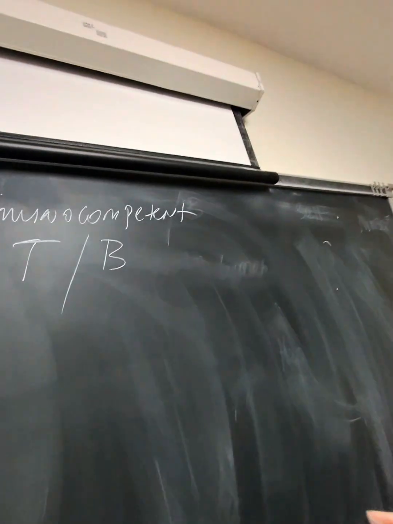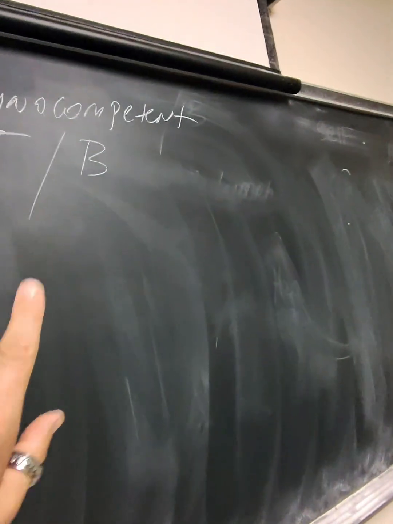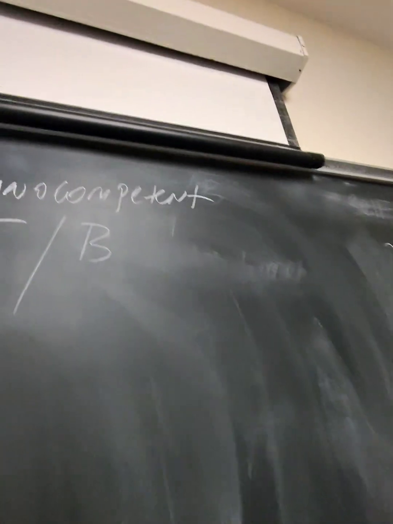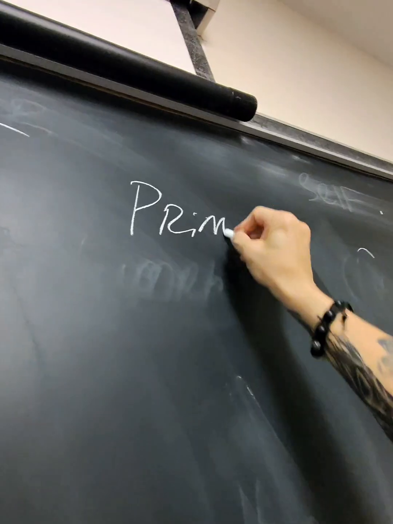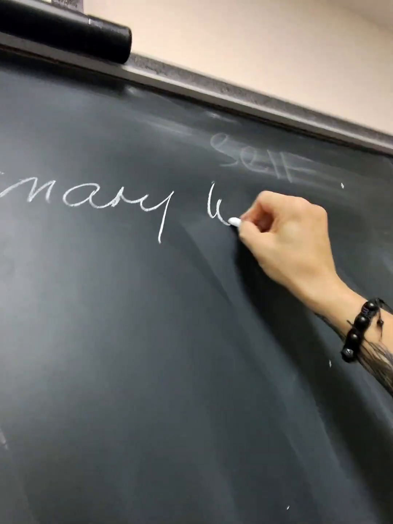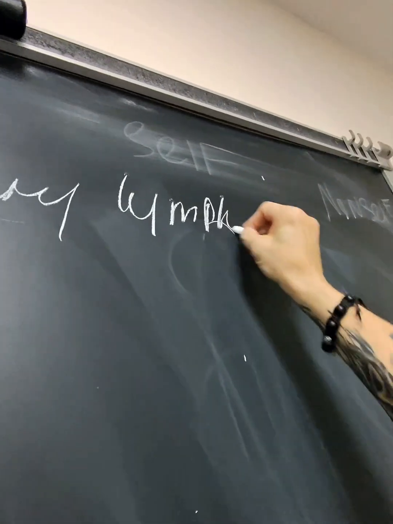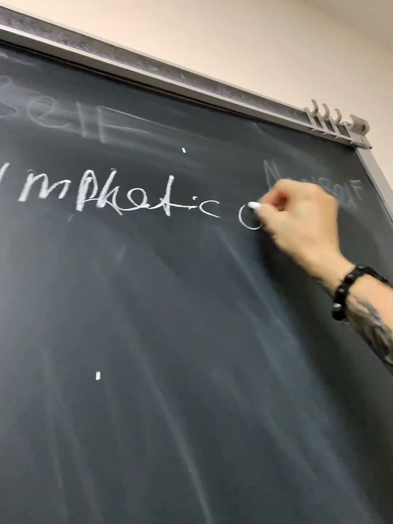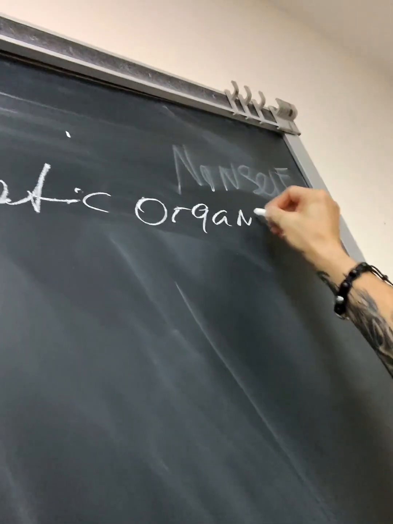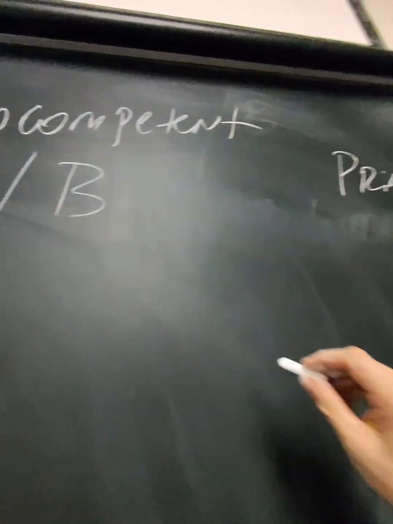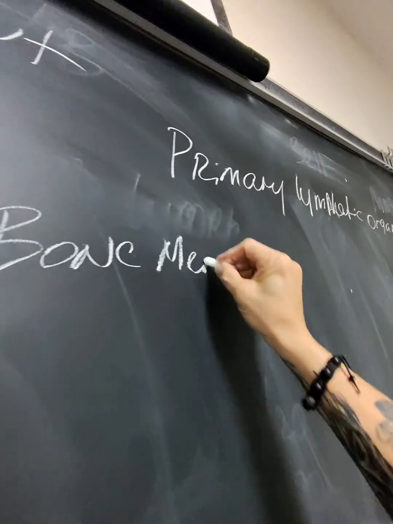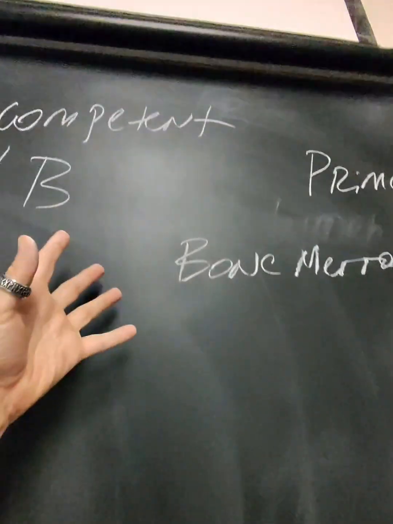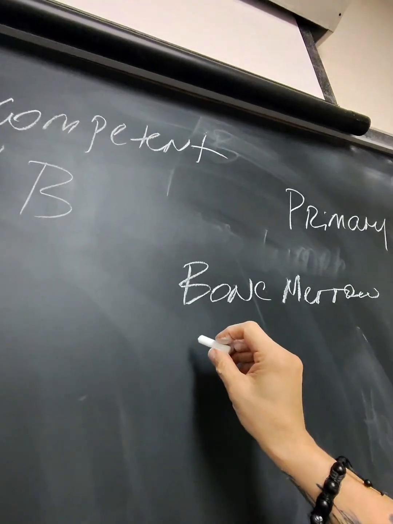Both of them are made in the primary lymphatic organs. The primary lymphatic organs are bone marrow, bone, and a thymus.